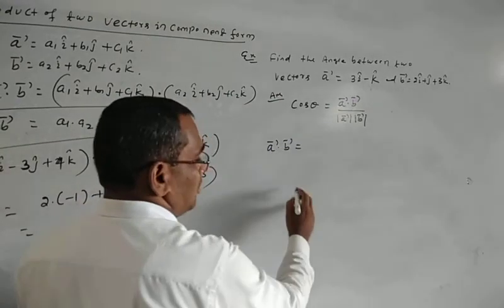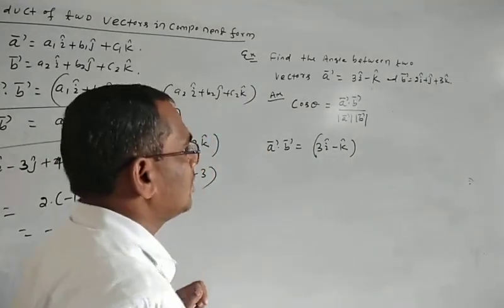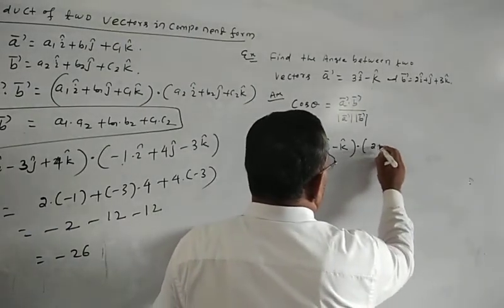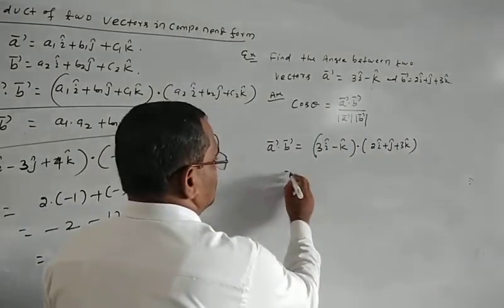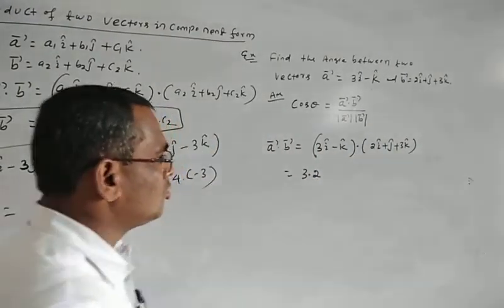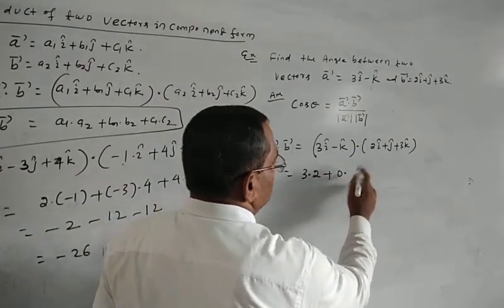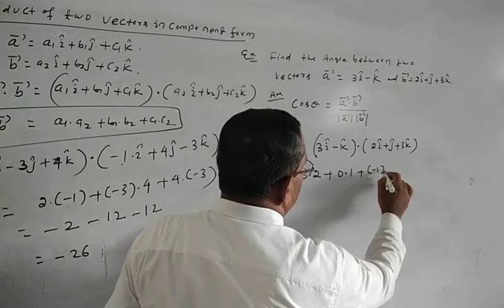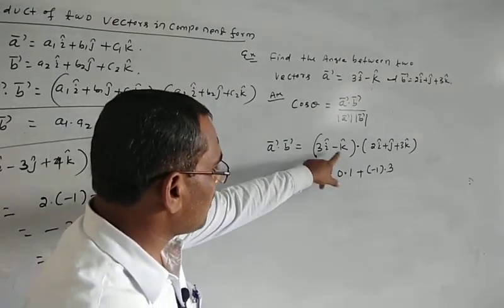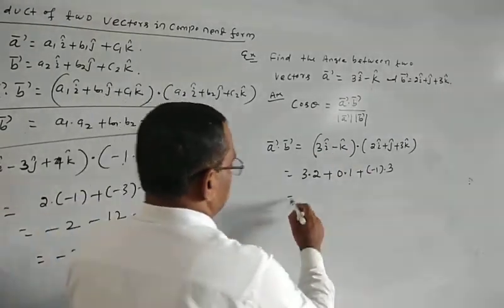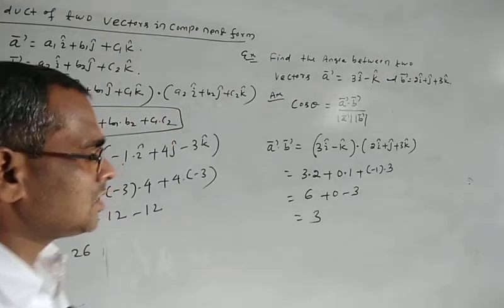So a vector dot b vector is equal to 3i cap minus k cap dot 2i cap plus j cap plus 3k cap. So this is equal to 3 into 2 plus, here the coefficient of j cap is 0, 0 into 1 plus minus 1 into 3. So this is equal to 6 plus 0 minus 3, which is equal to 3.